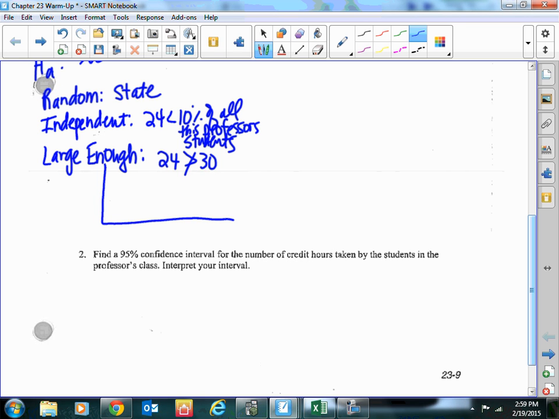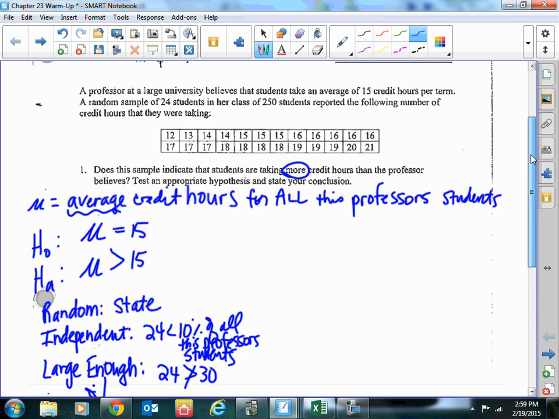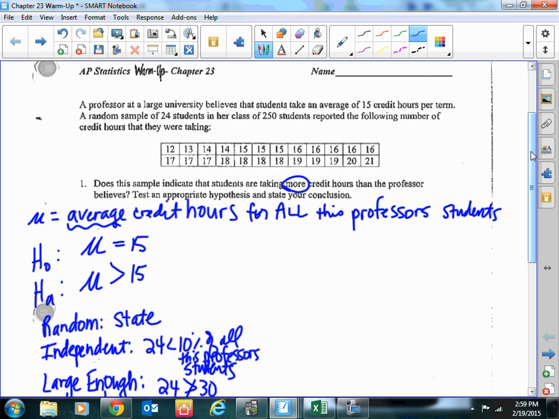I've got a histogram here. I know that what I'm going to put down here is the number of credit hours. And then I know that I'm going to be having the number of students that have those credit hours as the side axes. So let me look at my data. It's going from 21 to 12.